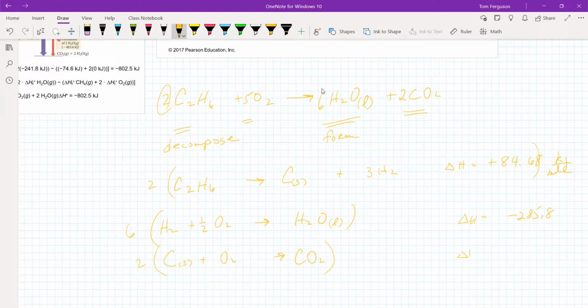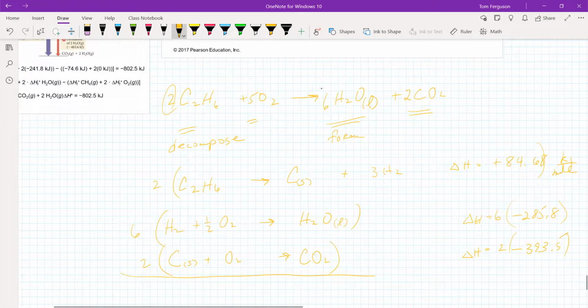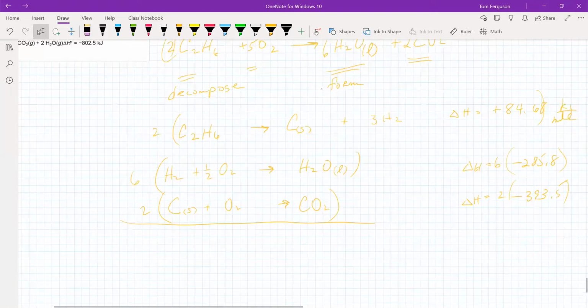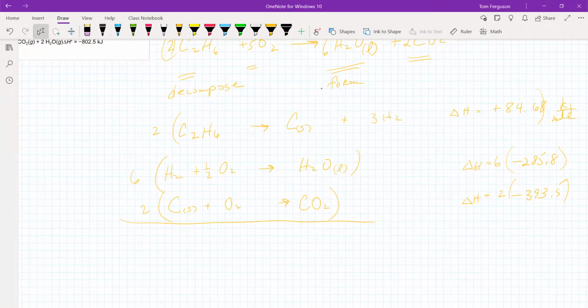And one of them is, okay, so let's add up these equations algebraically. Let's rewrite these 2 guys.